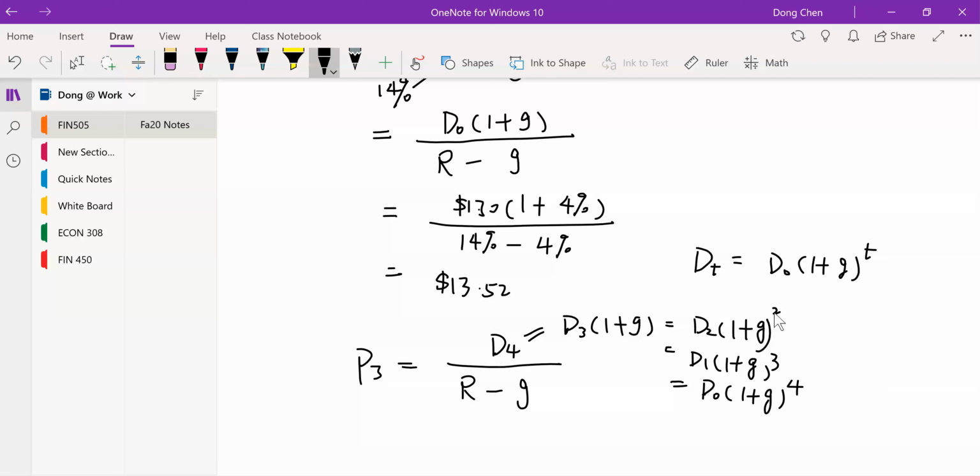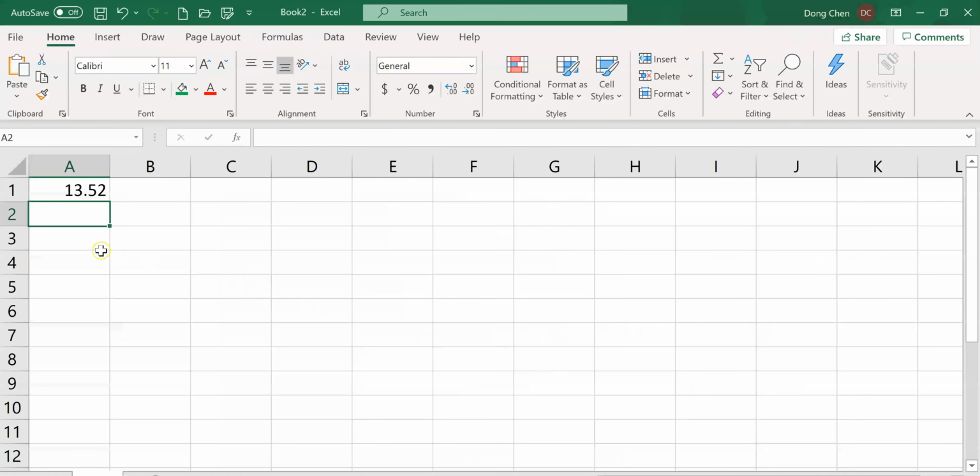All right, so now given these numbers, we can plug in: D0 times 1 plus g to the fourth power, and then r minus g. Let me put this as P3, just to not confuse anyone.